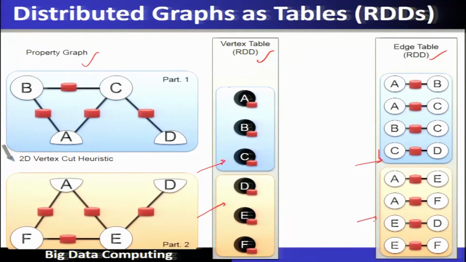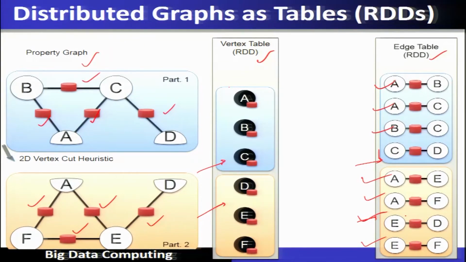The first part will have AB, AC, BC and CD, represented in the form of an edge table. Similarly, the second part has AF, AE, FE and ED. All the edges of the second part are stored on the second node.